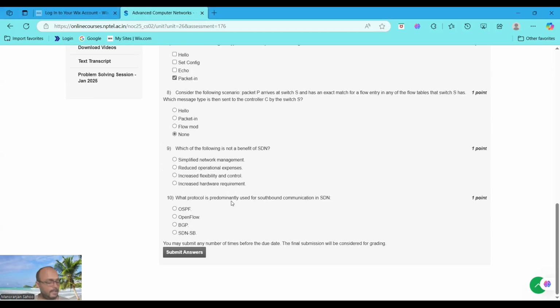Moving to question number 9. Which of the following is not a benefit of SDN? Simplified network management is a benefit. Reduced operational expenses, definitely a benefit. Increased flexibility and control is also a benefit. But increased hardware requirement means more cost, so it is not a benefit. Got it?